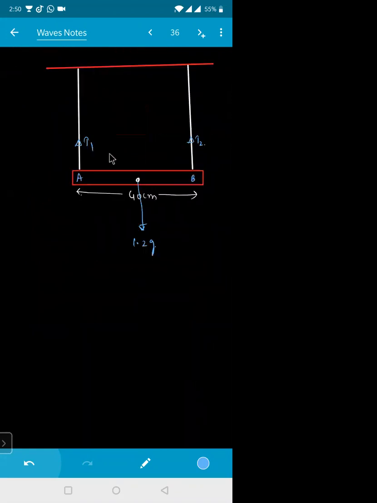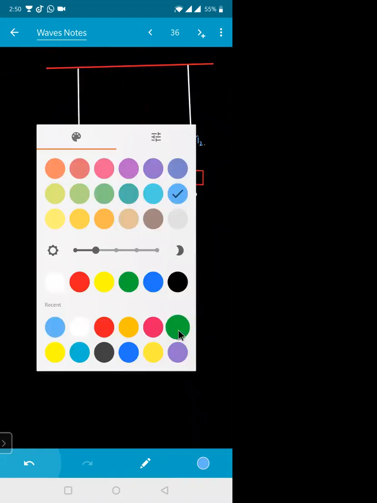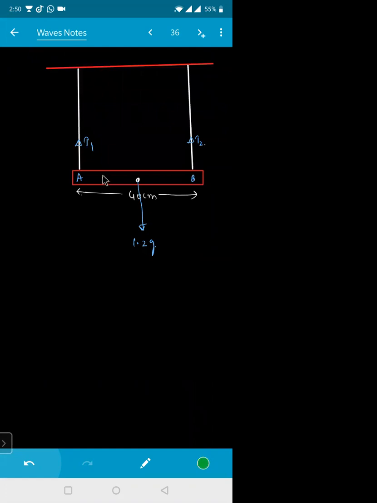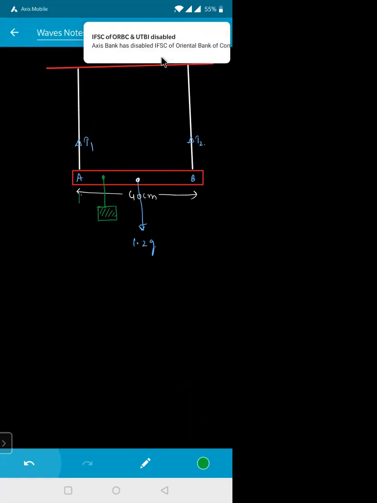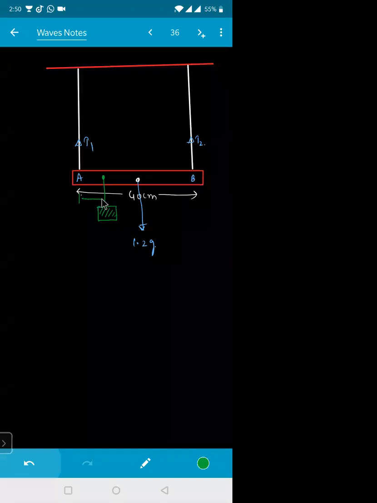Say from A, I'm keeping some mass here, somewhere here I'm attaching some mass. It is at a distance of x from A. Obviously from the other end it will be L minus x. The length of the rod I'm taking as 40 centimeters.